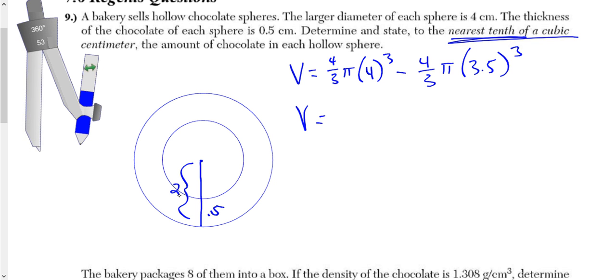And what's the smaller diameter? 1.5. Okay, so let's fix it up now. That's going to be 2, and that's going to be 0.75... so that'll be 2 cubed and 1.5 cubed.